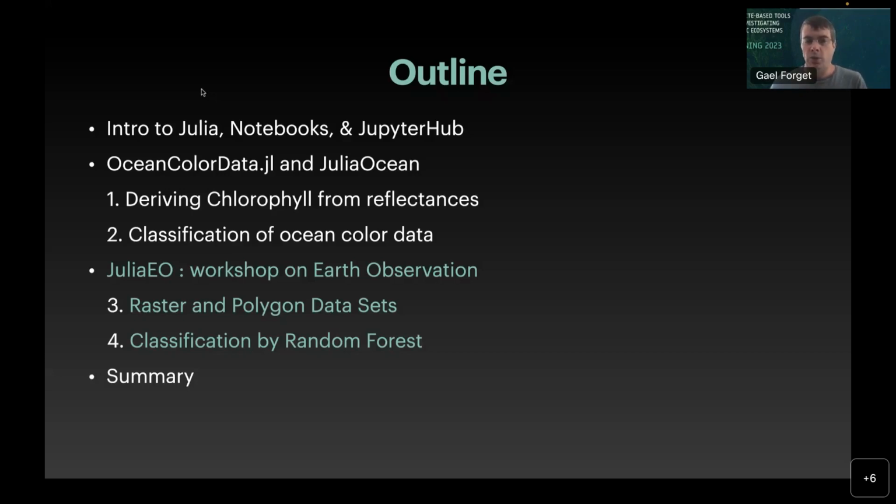One has to do with different kinds of data sets that people use and combine, which are array types, which here we're going to call rasters, and polygons, which delimit regions. And in the last notebook, we will look at another classification problem where we're going to use a random forest toolbox, something that you might be familiar with as well.